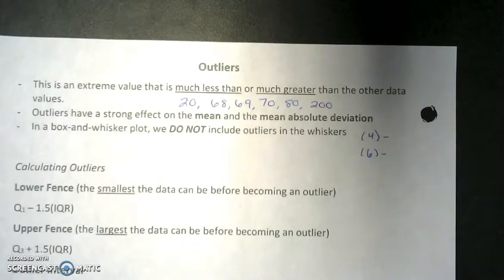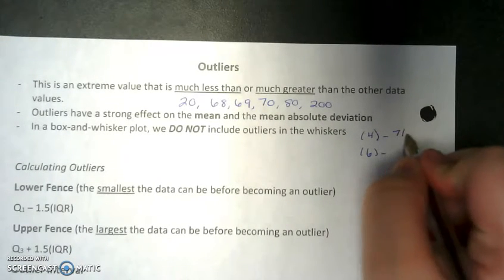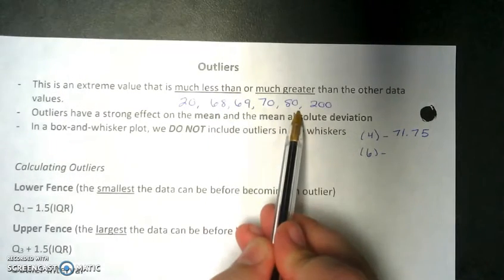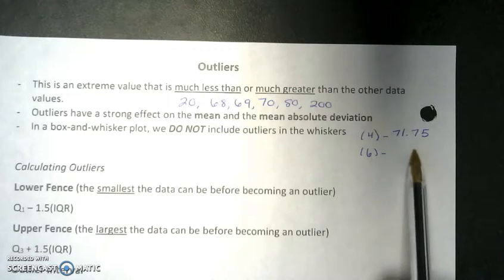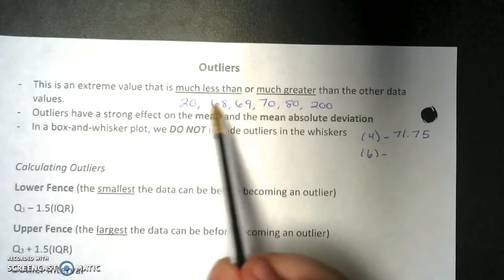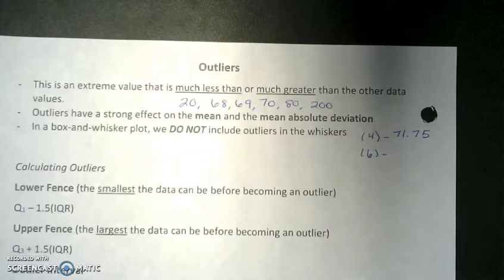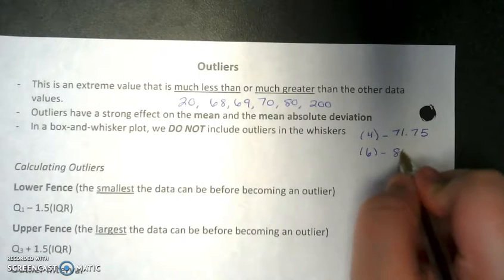The mean of the first 4 numbers is 71.75. So if we just look at these 4 numbers, that looks relatively right. So this is the average of these because they all look to be around the same range. Now the mean of these 6 numbers is 84.5.